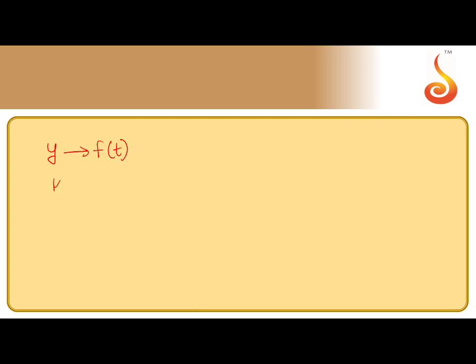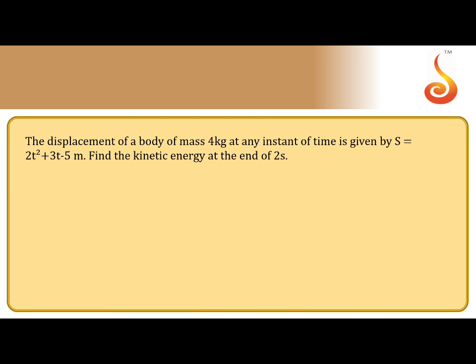Then in order to find the kinetic energy, you need to know the velocity, half mv square. Then find what is dy by dt equal to how much. This is nothing but your velocity. So in order to gain more confidence in solving such problems, let us attempt one more problem.